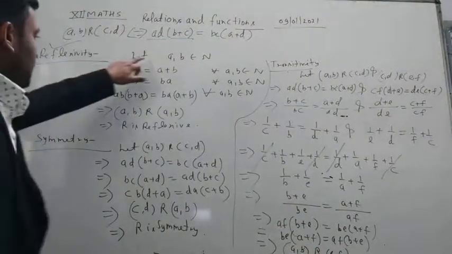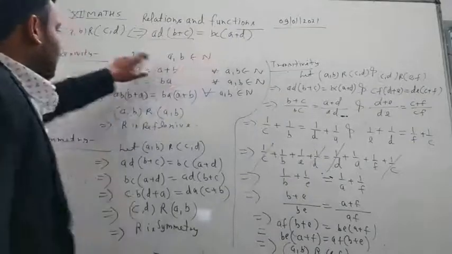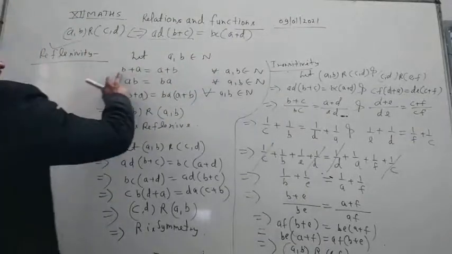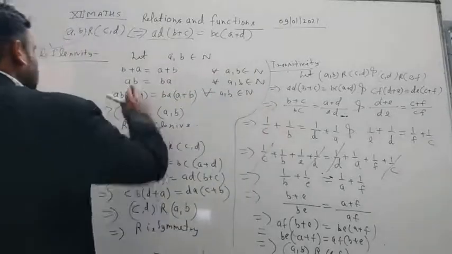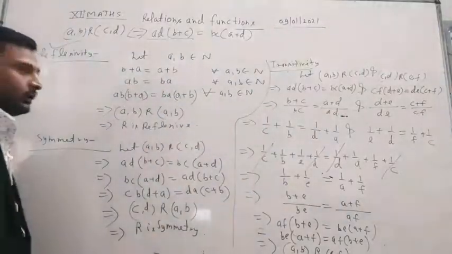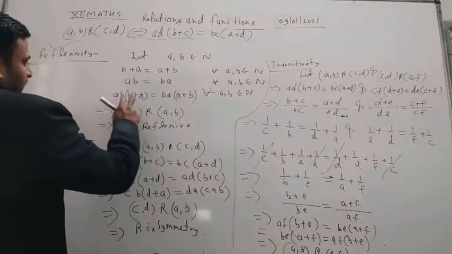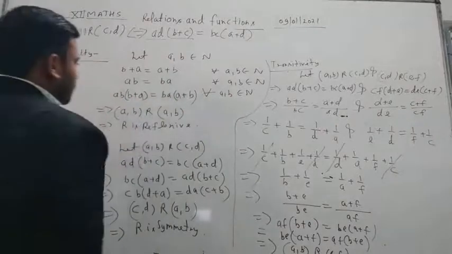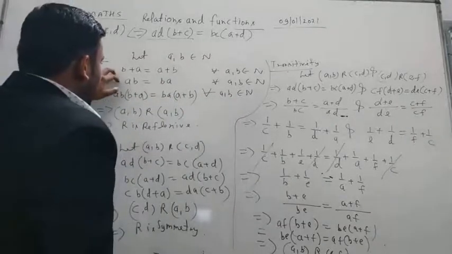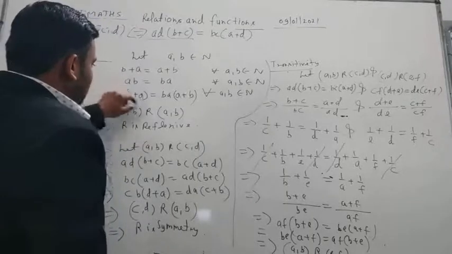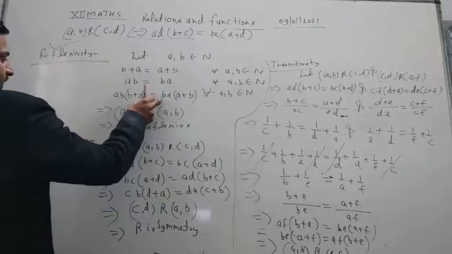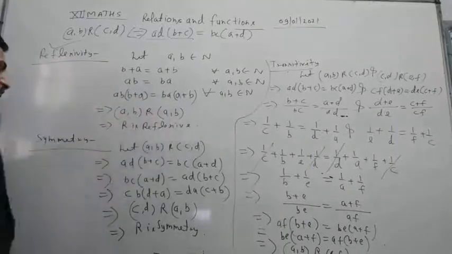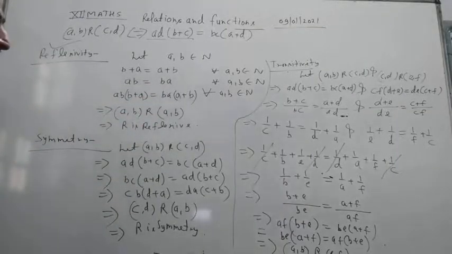Let a, b belong to N. So we can write that B plus A is equal to A plus B for all a, b belong to N, and AB is equal to BA for all a, b belong to N. After combining these two, we get that AB is related to AB.